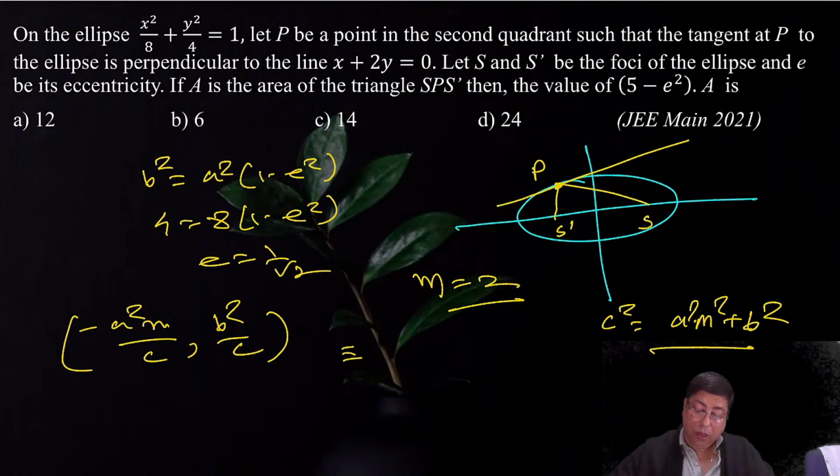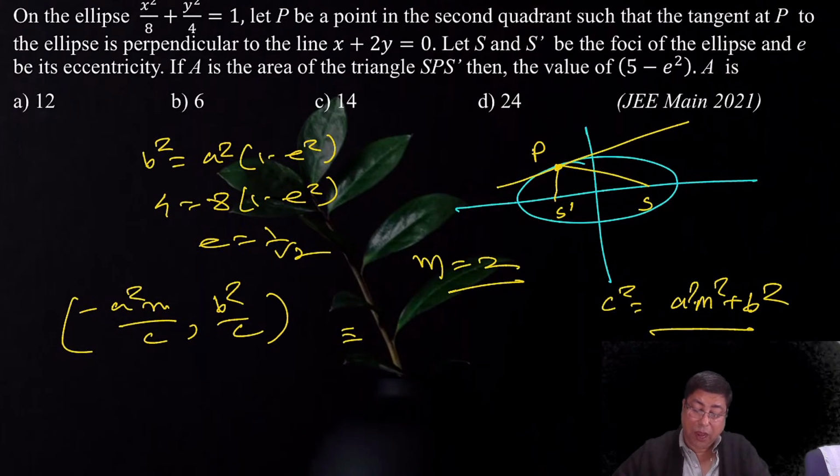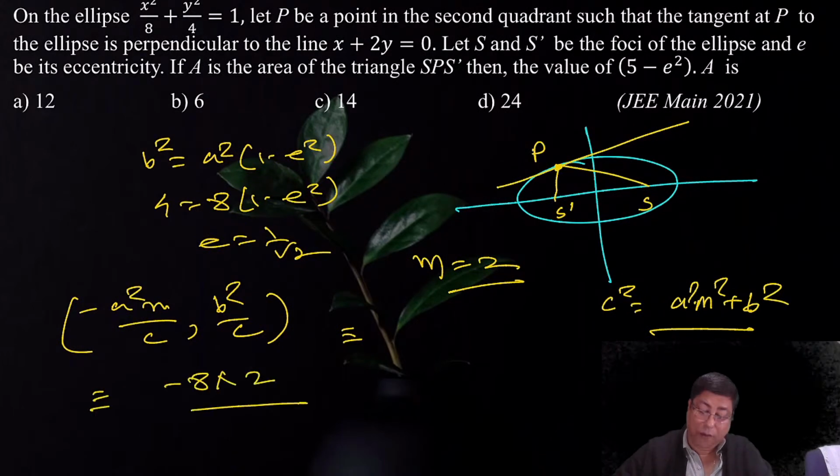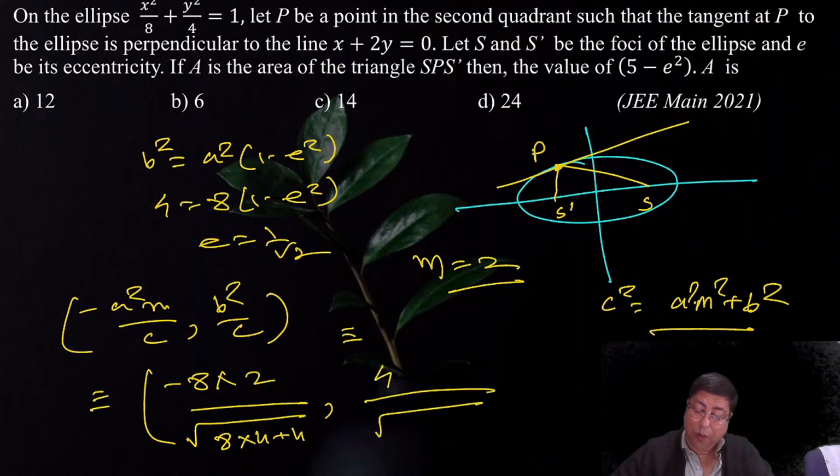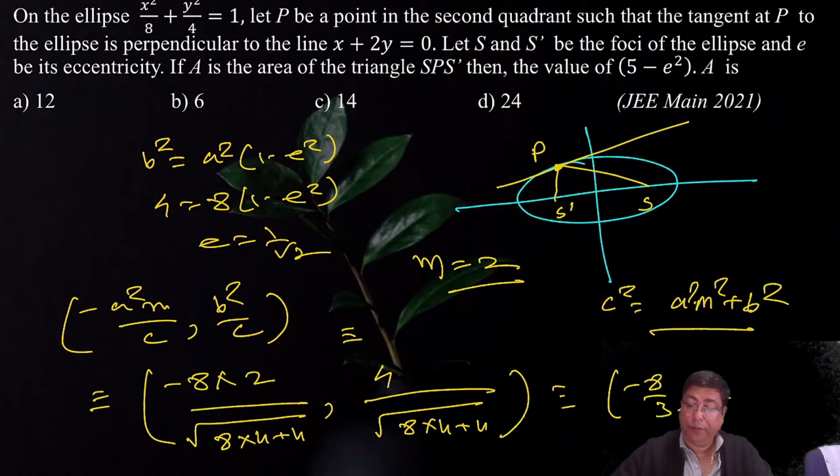Just put the value of c. We are getting here minus 8 into 2 divided by root over 8 into 4 plus 4 as the x coordinate, and the y coordinate is 4 by root over 8 into 4 plus 4. So what is coming here? In this case, minus 8 by 3, comma 2 by 3.